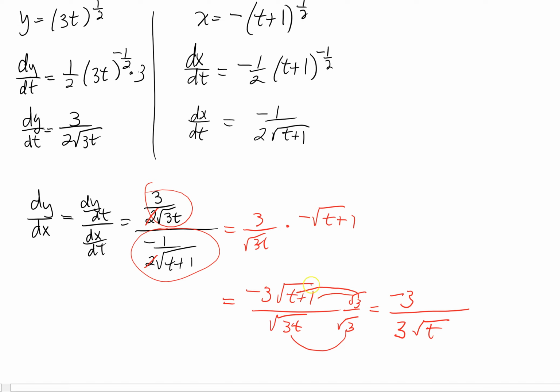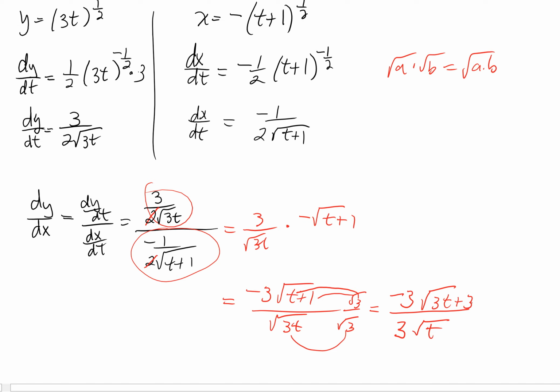When you've got a radical times a radical, just to help you out, if you have radical A times radical B, that's when you can multiply both of those on the inside. So what are we really going to be seeing there? Well, you could just get that 3t plus 3 inside of there.